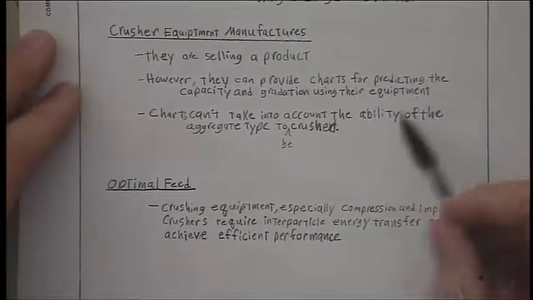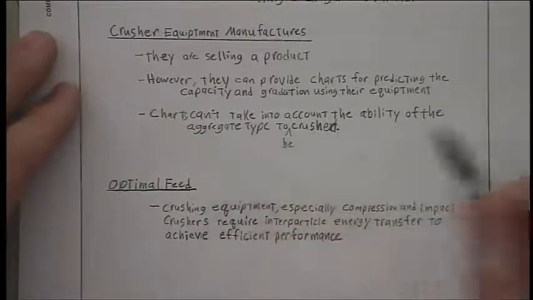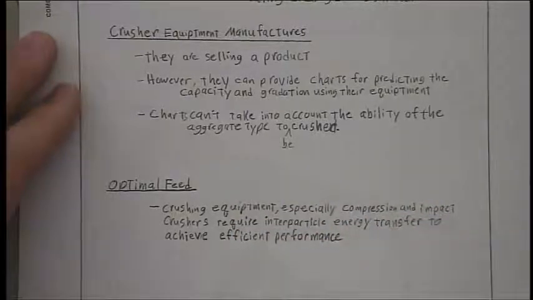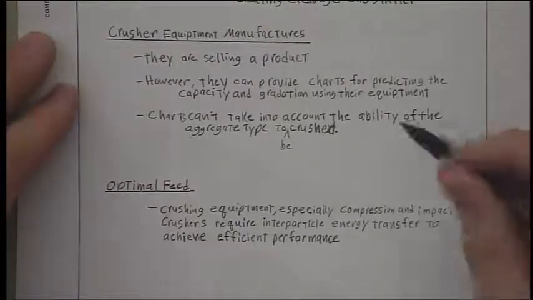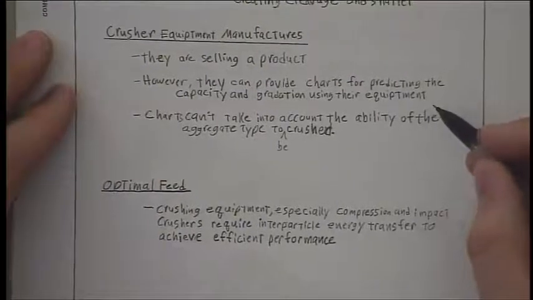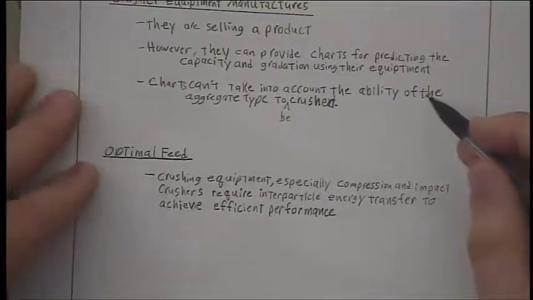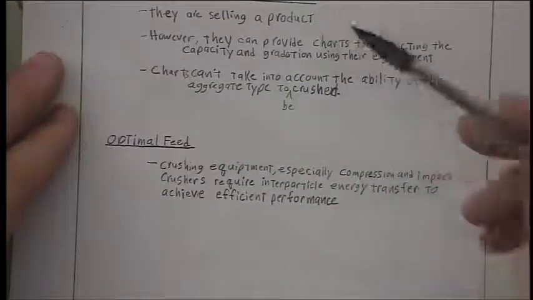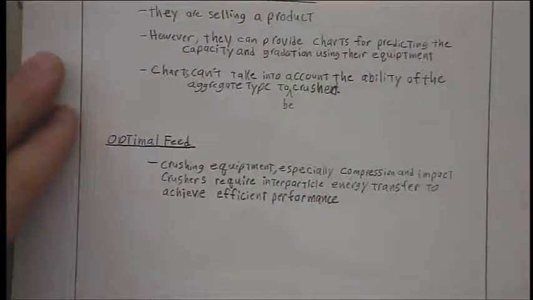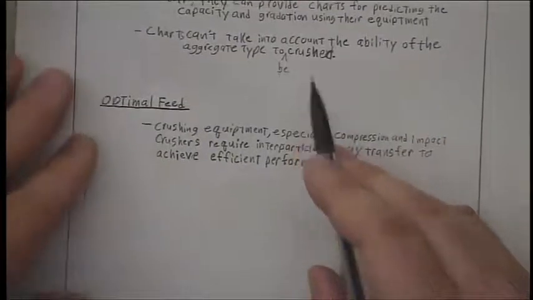Obviously they can't take into account your aggregate type, but they do a fairly good job. Some of those charts are very cool, very accurate to look at. So you just need to be aware, if you ever have to deal with manufacturers, that yes, their charts are cool, but they can sometimes be a little misleading.